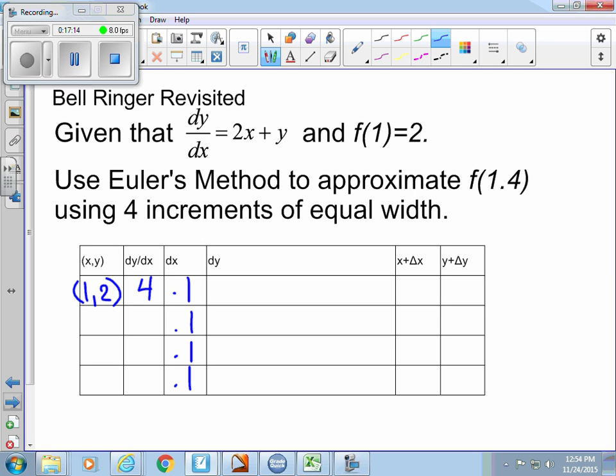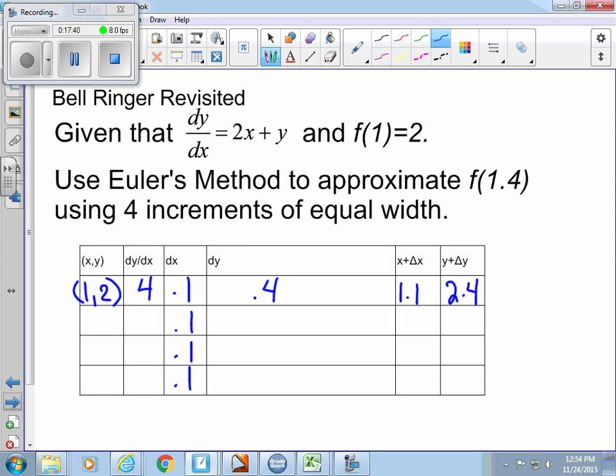Wouldn't that give you dy? You multiply dy over dx times dx. dx would cancel, and so you get 0.4 for dy. There's a lot of space there because it wants you to work that out, but you can. x plus the delta x would be 1.1. y plus the delta y would be what?